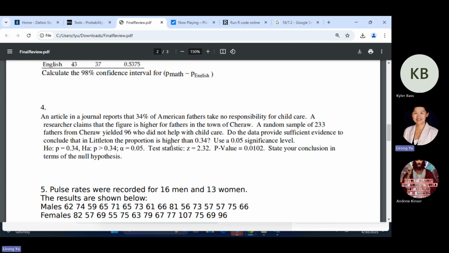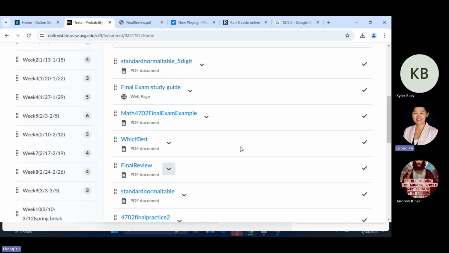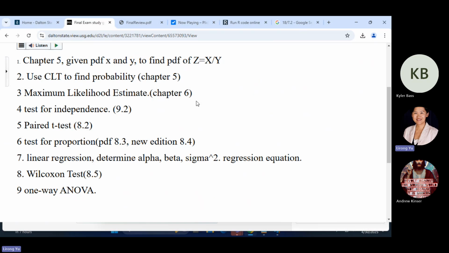Any other questions? I'm trying to present a couple of scenarios for how a question can be asked. Essentially, according to our study guide, we want to be able to determine the distribution and use the central limit theorem to find probability. That's what we've had a couple of practices on in the quicker question.